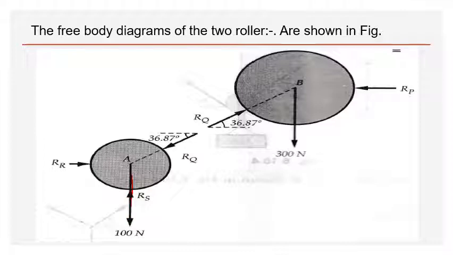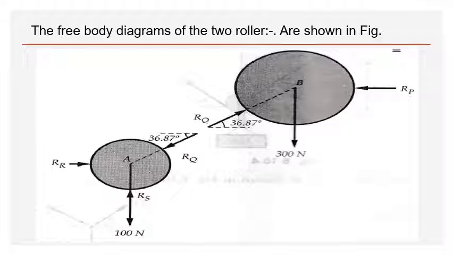Okay, so here at the same point there are two forces acting, and the reaction at the point of contact R, and these are the reaction at the point of contact Q between the two spheres A and B. RQ, one is acting towards A and one is acting towards B. They are along the same line, they are equal in magnitude but opposite in direction.